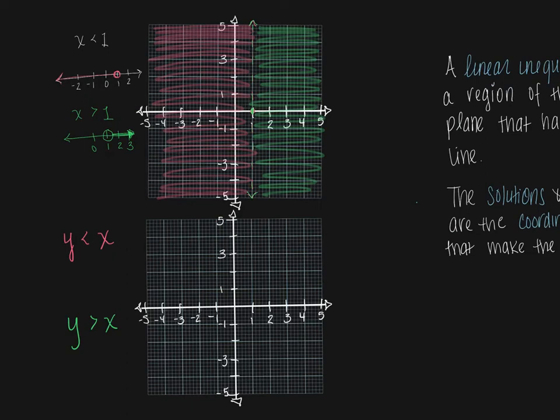All right, let's look at this and think about plotting lines. Sometimes I don't have numbers like I do above, or I have y's and x's. Actually, generally, this is going to be my situation. In a case like this, here I have y is less than x. I can't graph that on a number line because I don't have any numbers, but I can graph it on a coordinate plane. Let's think first about making this into a function, something like y equals x.